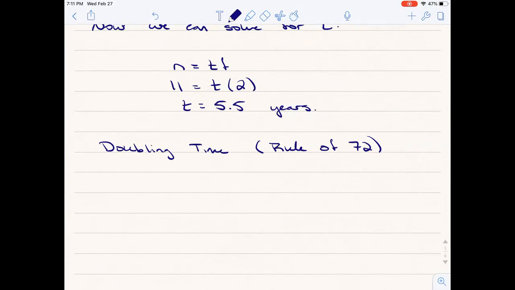If I know the rate, then it doesn't matter if I deposit $1 or $1 million, how long it's going to take to double is going to be the same. As long as we know the rate, we'll be able to figure out a quick approximation of the doubling time.